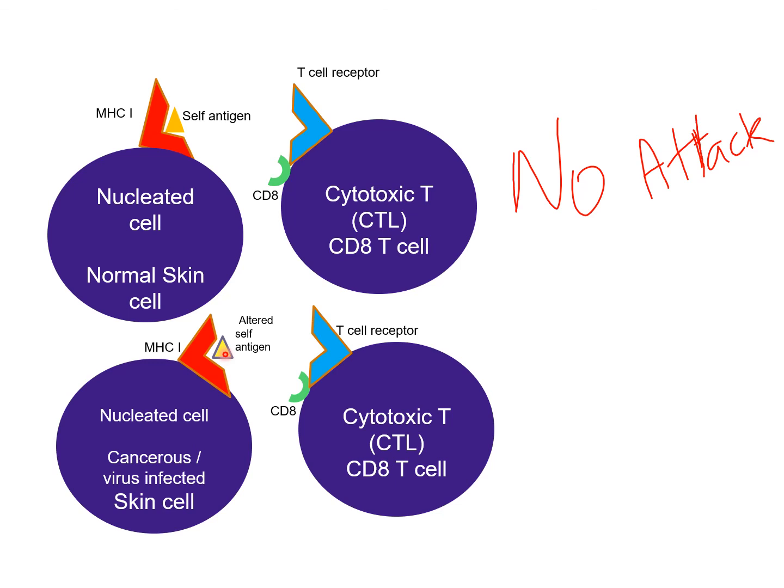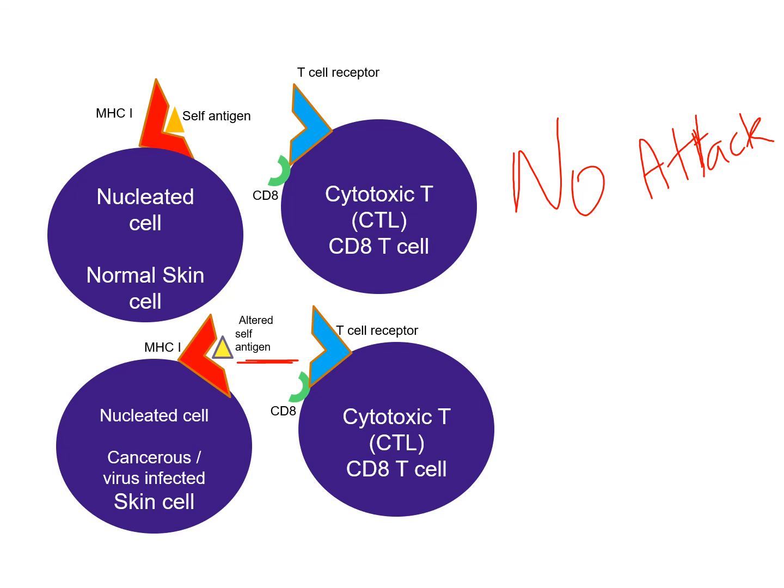And what's going to happen is the cytotoxic T cell, when it's going to take a look at that altered self-antigen, it is going to be able to tell that, you know what, this self-antigen doesn't look the same, and so therefore there's going to be contact between that cytotoxic T cell and that cancerous or virally infected skin cell.